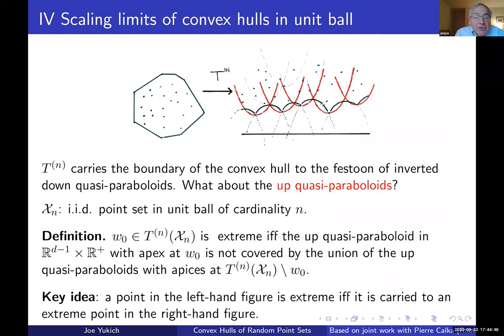This definition summarizes what I just explained. It's the rule for coloring the parabola red or not. And the basic idea here is that this transform preserves extreme points, namely extreme points in the convex hull, which are these vertices, are carried to extreme points in the right-hand picture, namely this point is an extreme point, that point's extreme.